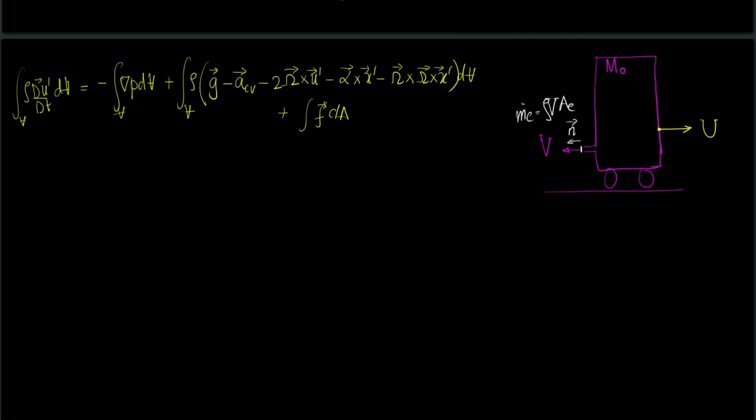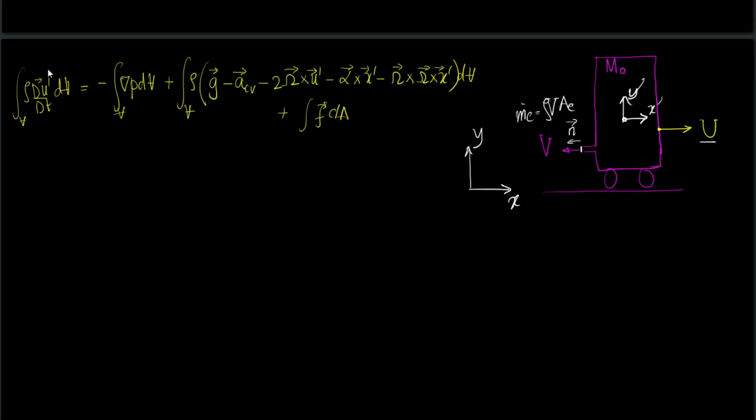We fix our reference frame moving with this particular entity. So this is x prime y prime, and the inertial reference frame is this. So this is the inertial reference frame. This is the moving reference frame. The reference frame is actually moving with a velocity of capital U.